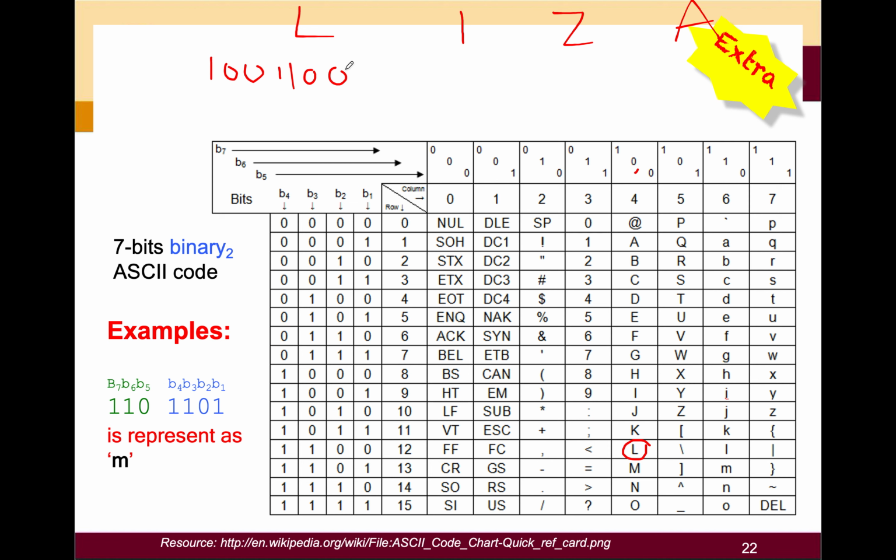And then I have I, so I have 100 and 1001 over here, and Z. What is this? 101, and then it is 1010.